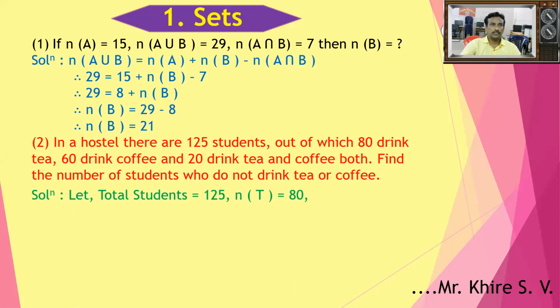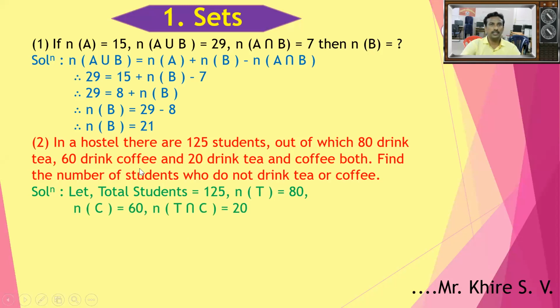Let us assume, the total number of students is given, it is 125. 80 drink tea, suppose n(T) is 80, and 60 drink coffee, meaning n(C) is 60, and 20 drink tea and coffee both, meaning n(T intersection C) is equal to 20. We have to find out the number of students who do not drink tea or coffee.